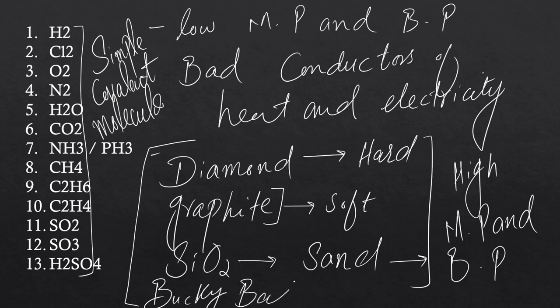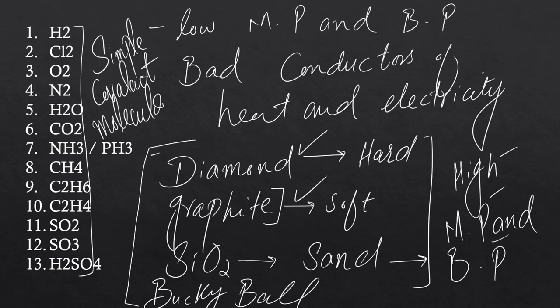They all have covalent structures, and they all have high melting and boiling points. So I am leaving one question for you people. Why is diamond a bad conductor? Why can diamond not conduct heat and electricity, while graphite can easily conduct heat and electricity and is soft in nature?